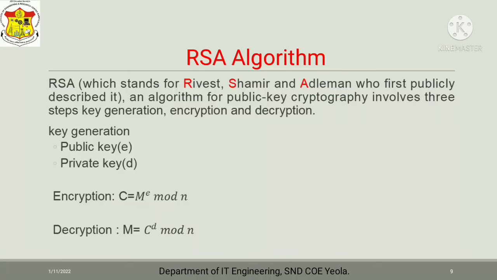There are three main steps involved in the RSA algorithm. First one is key generation, second one is encryption, and third one is decryption. In key generation, two keys, that is the private key and public key, are generated, and second is encryption, to find out the value of E. For decryption we have a formula m is equal to c raised to d mod n.